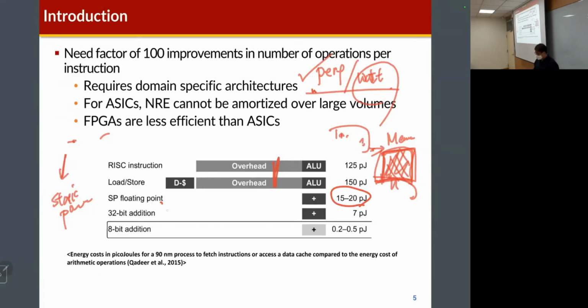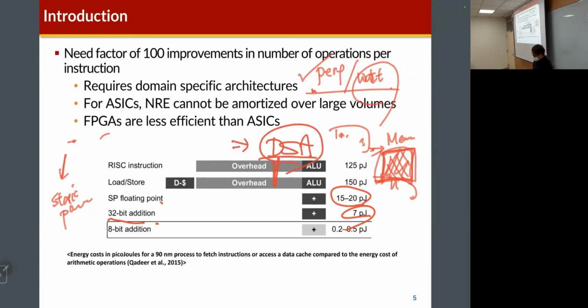If we just focus on 32-bit fixed point addition, then just 7 picojoules, and 8-bit 0.2 or 0.5 picojoules. Which means that if we just reduce the resolution of our data, then we can also reduce the required power. So that's why we are focusing on domain-specific architecture.